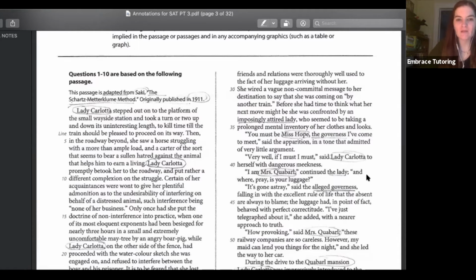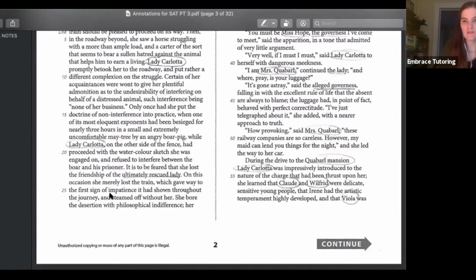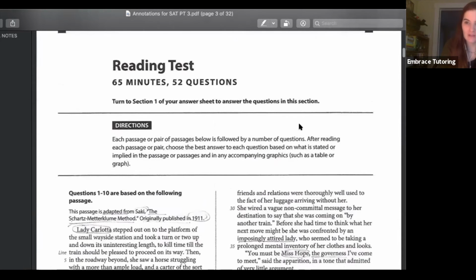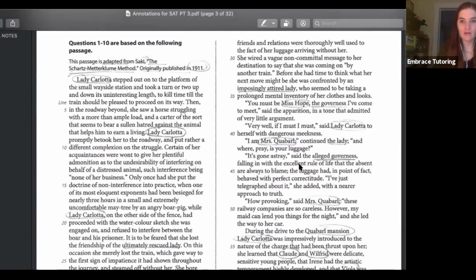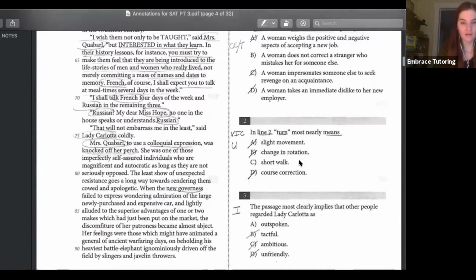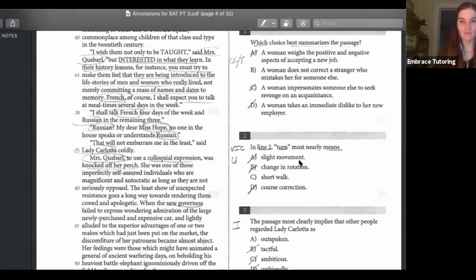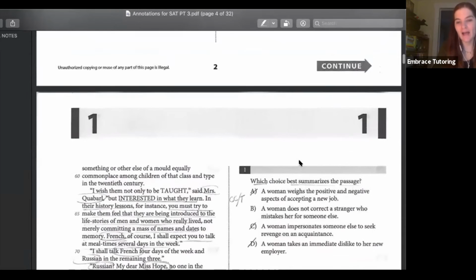So making those kinds of annotations from practice test 6 in the margins, including writing a main idea or central concept at the top or at the very bottom of a particular passage, will help me answer the questions more quickly, more efficiently, and more accurately, because then I don't have to hunt as much for my information.